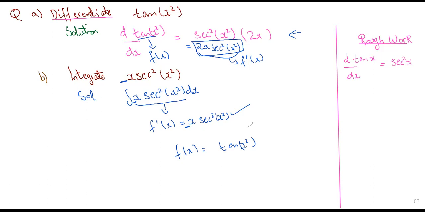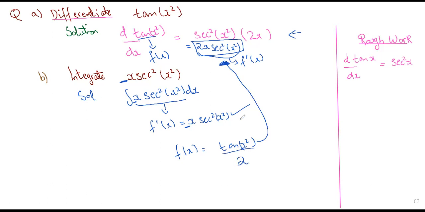You can take sec square as tan x, and look, when we had f of x as tan x square, the derivative was this. But now my derivative is without 2. There's no 2 in my derivative. So I will divide a 2 here.